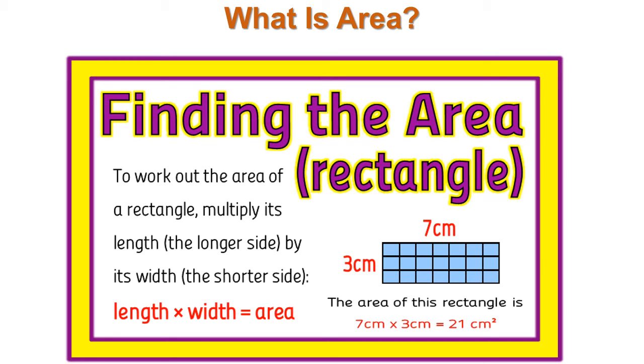What is area? Finding the area. To work out the area of a rectangle, multiply its length, the longer side, by width, the shorter side. So length into breadth, or width: length into width equals area.